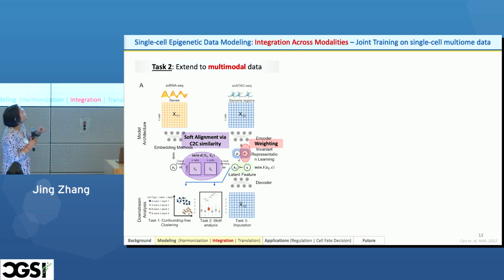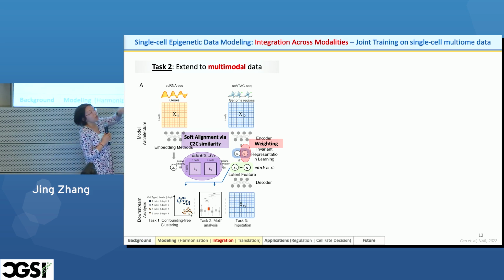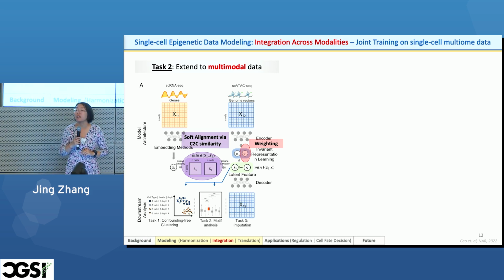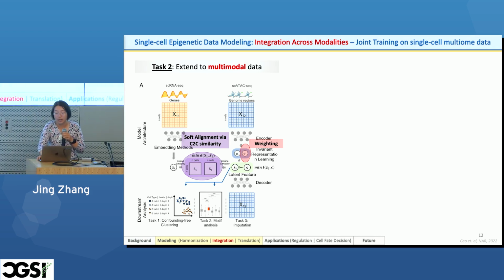So instead of weighing these modalities equally, we assign different weights according to the sequencing depth or other QC parameters, and we trust different cells using different weights.